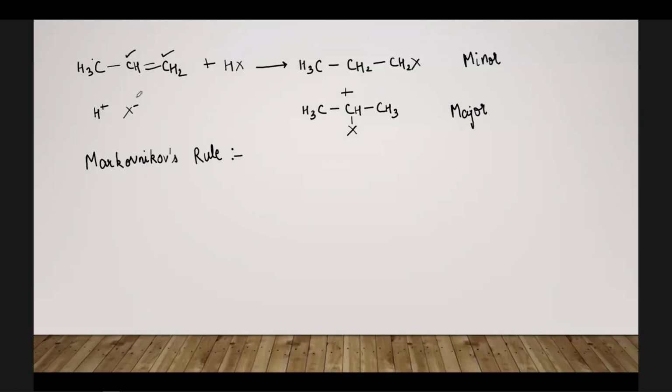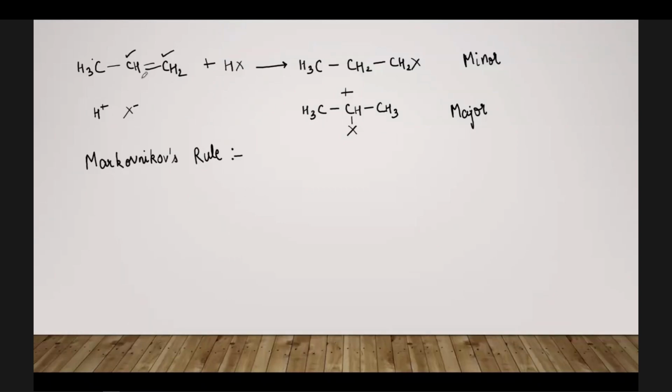If the alkene is asymmetric, which in this case is propene, the acidic hydrogen attaches itself to the carbon having more hydrogen atoms, whereas the halide group attaches itself to the carbon atom with more alkyl substituents.